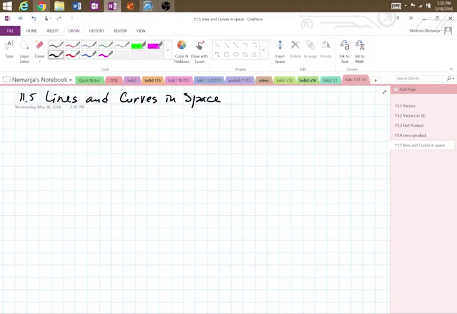So we are going to learn now how these curves are represented in space. We are going to learn about vector-valued functions. So now, instead of having a vector of numbers, the vector will contain functions in each one of the spots.